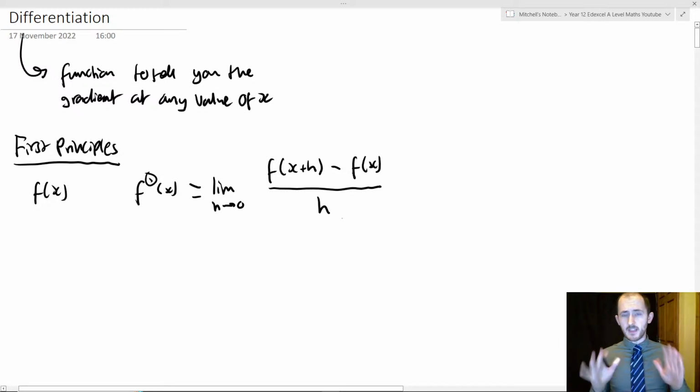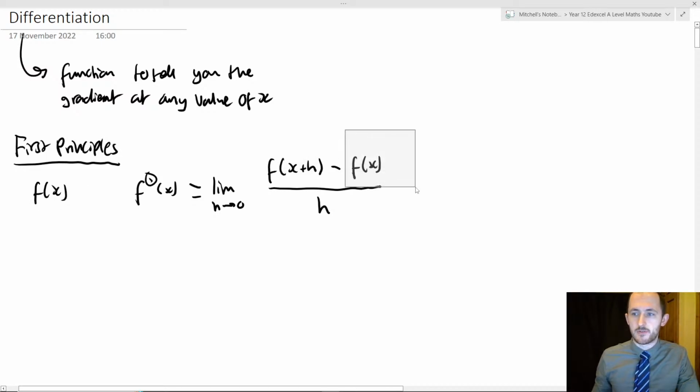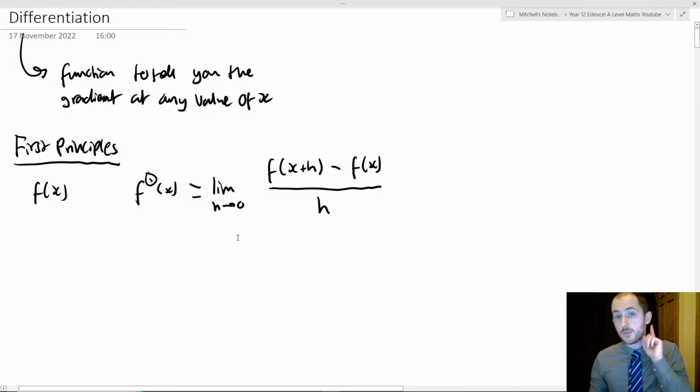Essentially, we're going to take our function and add h, then subtract the original function, divide it by h, and then see what happens when we reduce h to 0. We're not going to make it 0, we're going to gradually reduce it and see how the function behaves. And that is how you find differentials.